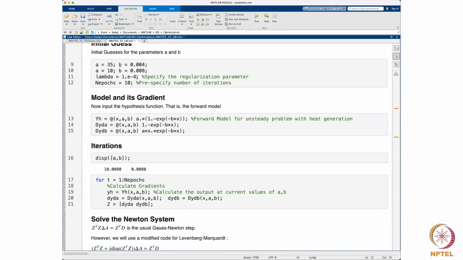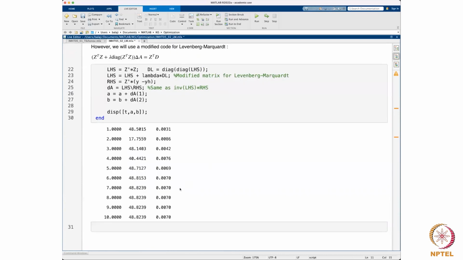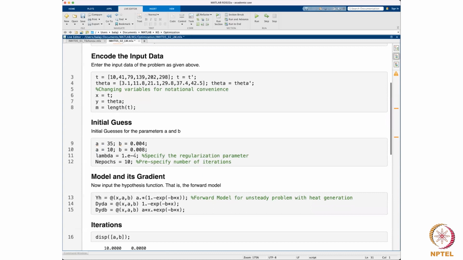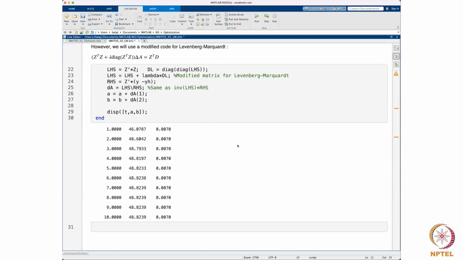If I make it 10 to the power minus 4, you see 7 iterations, which is a little bit faster than what we had earlier. We had 9 iterations. So Levenberg-Marquardt actually offered us an acceleration over simple Gauss-Newton with this initial condition. I can try a little bit larger lambda. And here you see again 7 iterations. Maybe it's converging a little bit faster.